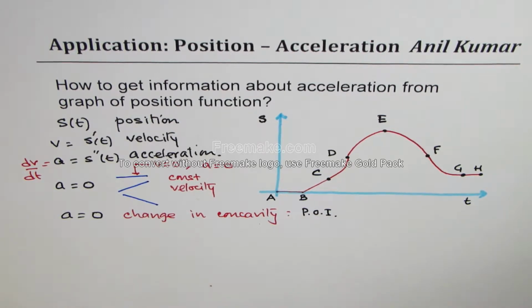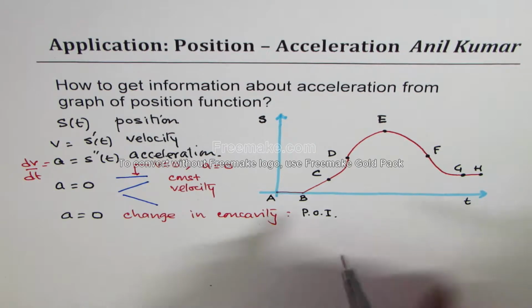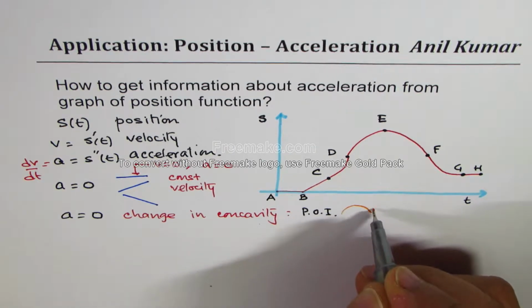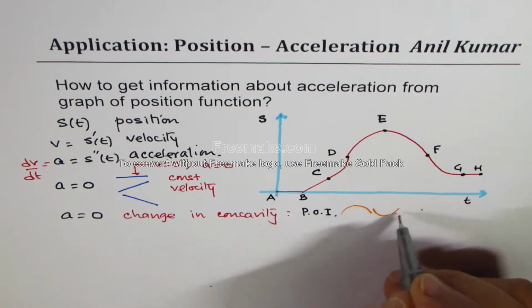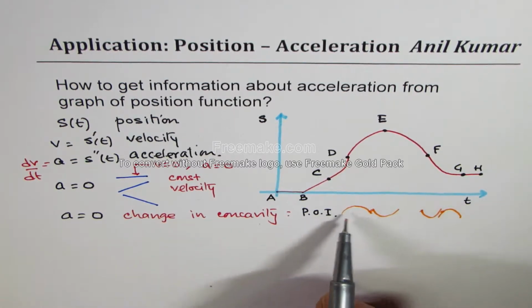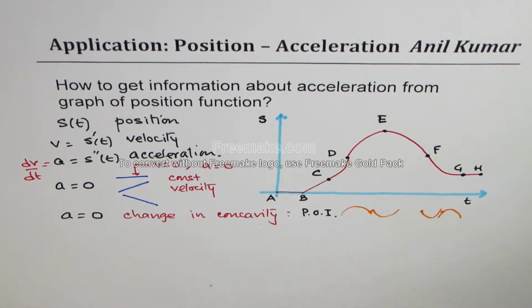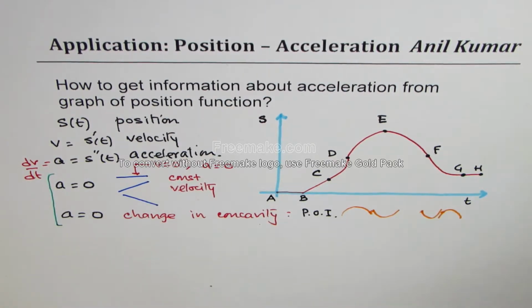Wherever there is a change in concavity, that is, it could go from concave up to concave down, or from concave down to up, or from up to down, at this point here, it could be 0. So that is important to understand. So there are three scenarios where acceleration can be 0, right?